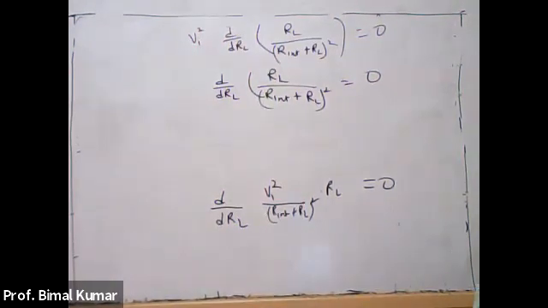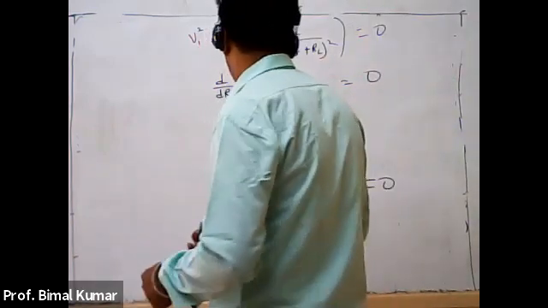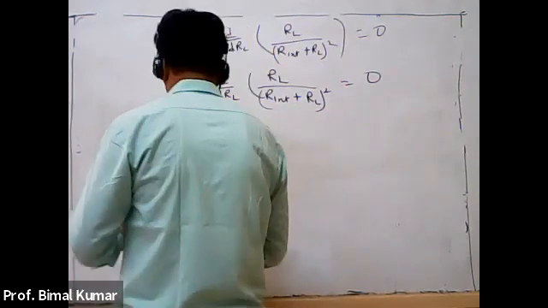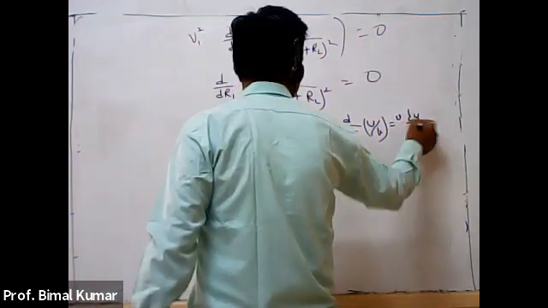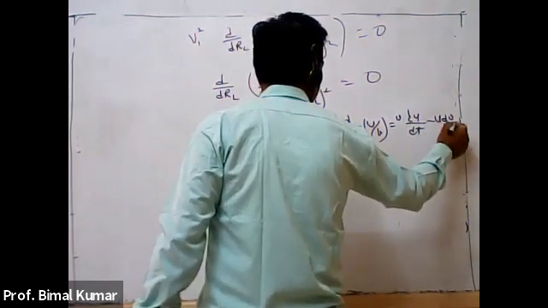Right? So now, because in the numerator as well as in the denominator we are getting a variable with respect to RL, this will become the equation of u by v. d by dt of u by v is equal to v du by dt minus u dv by dt upon v square.